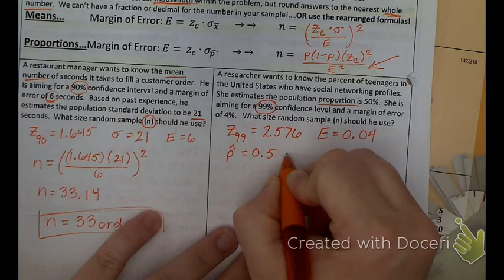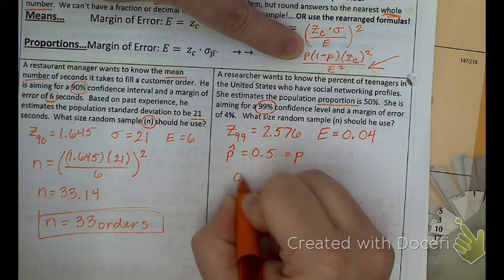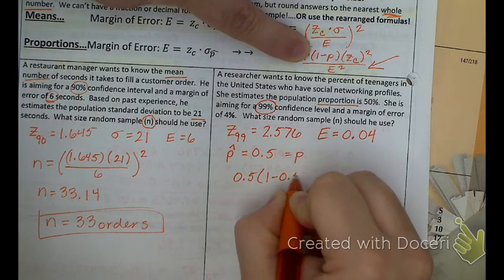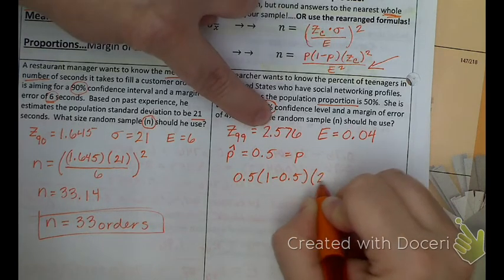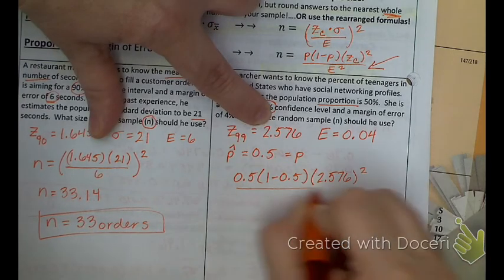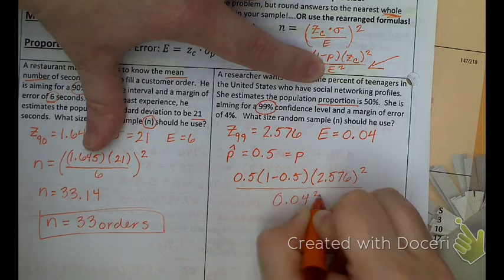So let's plug all this in here. We have 0.5 times 1 minus 0.5 times Z sub 99, which is 2.576 squared, all over the margin of error squared, 0.04 squared.